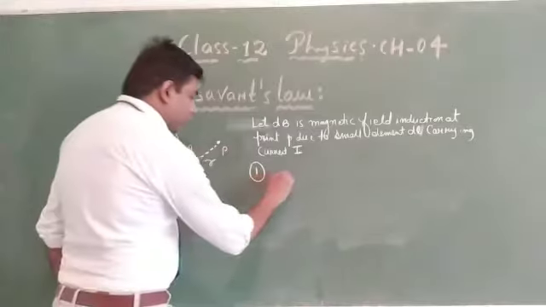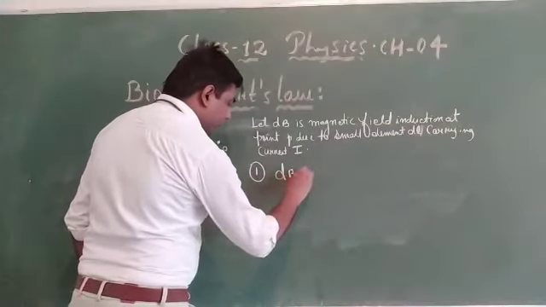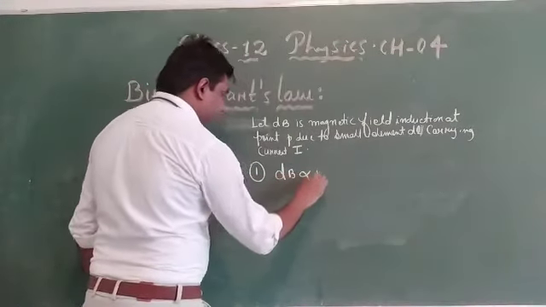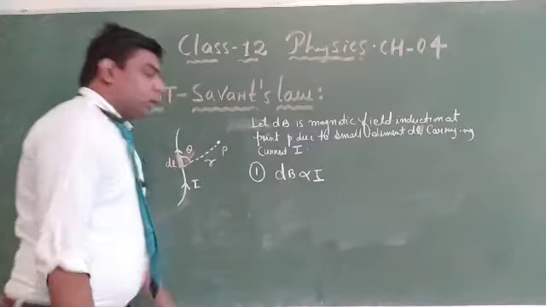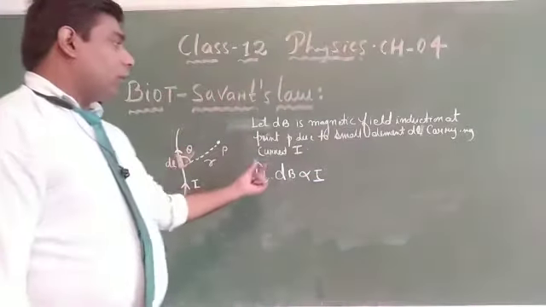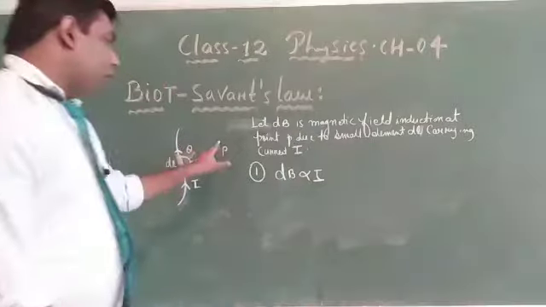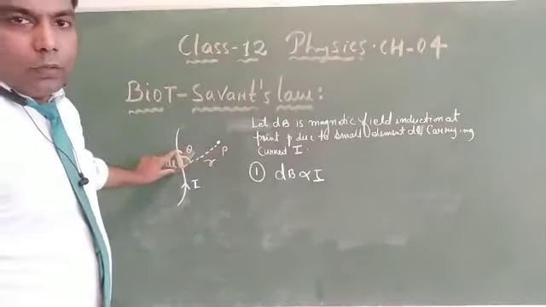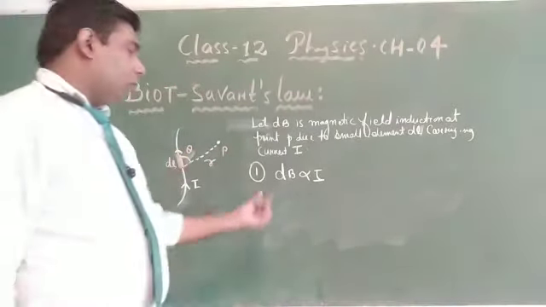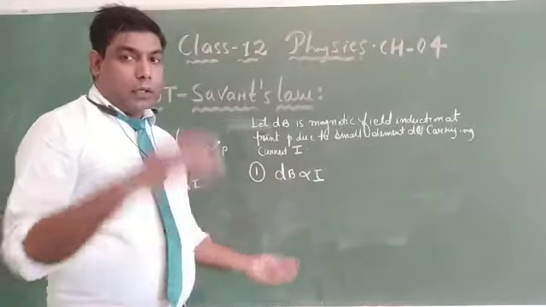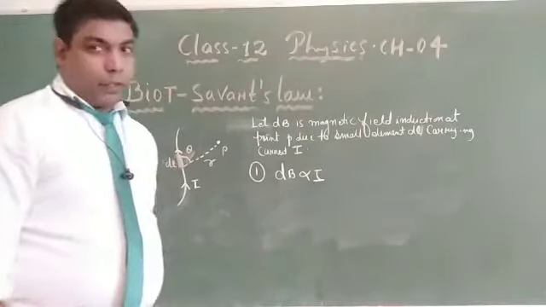That is, dB, the strength of magnetic field induction at this point, is directly proportional to the current. More the current, more the magnetic field induction. Less the current, less the magnetic field induction.